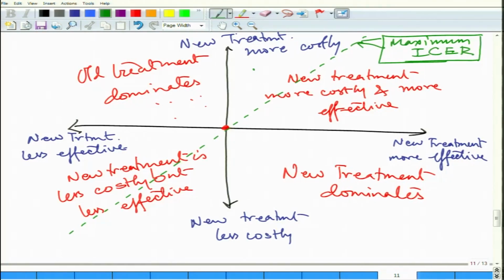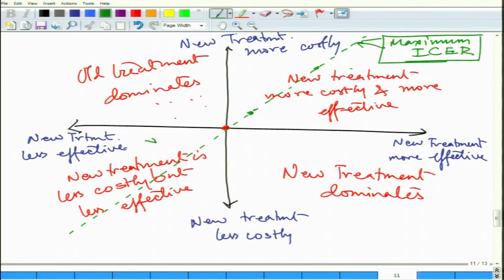Any value more than this shows that the new treatment is more costly, but less effective as compared to this, or even if the effectiveness is similar, if I compare this point and this point, the effectiveness is similar, but the cost is more, right? So any point beyond this line, I will not choose.